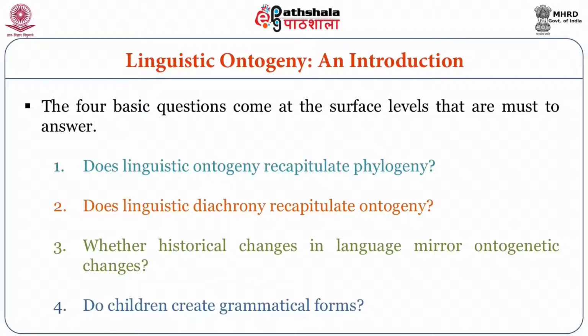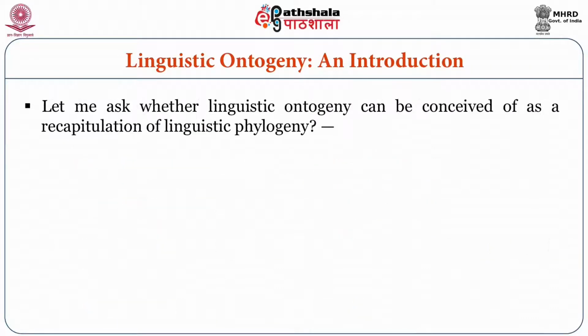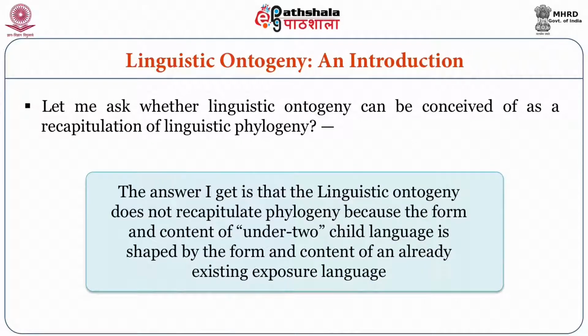Question number one, does linguistic ontogeny recapitulate phylogeny? Let me ask, whether linguistic ontogeny can be conceived of as a recapitulation of linguistic phylogeny? The answer I get is that linguistic ontogeny does not recapitulate phylogeny, because the form and content of child language is shaped by the form and content of an already existing exposure language.